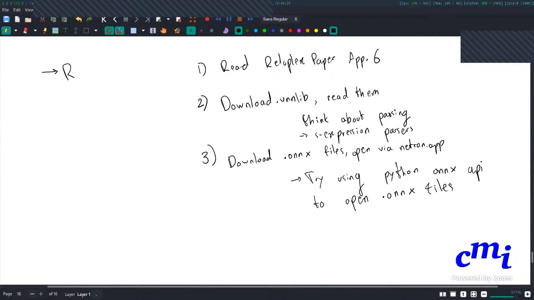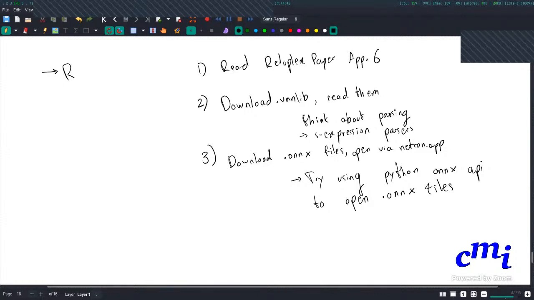Or if not, can you open them inside of TensorFlow? So all of these things you can try, right? Or PyTorch or TensorFlow, whichever one you prefer. I think we talked about PyTorch in the tutorial, so PyTorch.